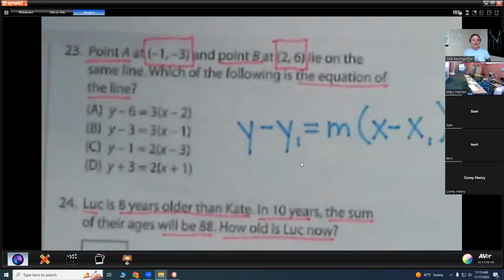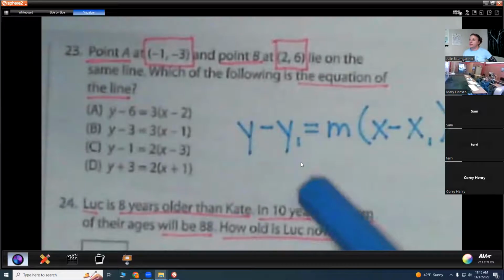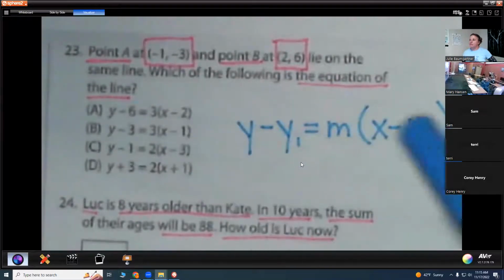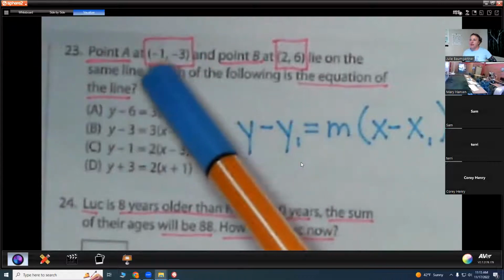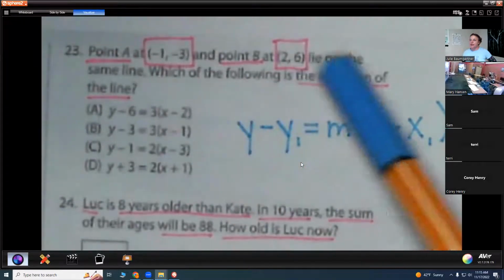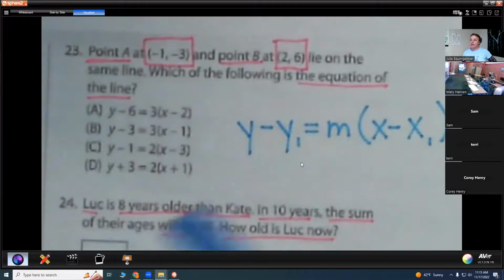So how could we go about guessing and checking? We have 2 points, and I know that my equation is going to take this form. So potentially these points could be in my equation.